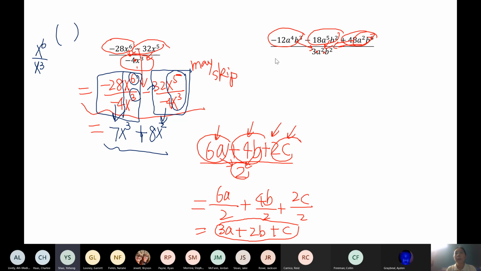Okay, so similarly, we can do the second one. The first step, again, can be omitted.